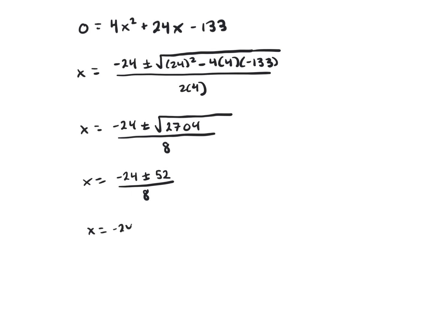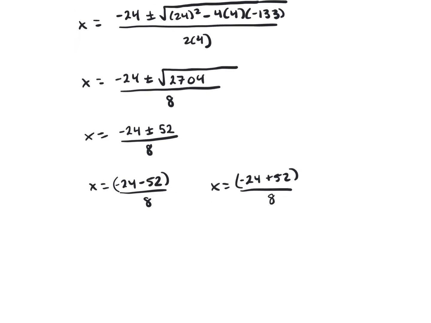So negative 24 minus 52 all over 8, and negative 24 plus 52 all over 8. And here we get two solutions. So we get negative 9.5, and here we get positive 3.5.